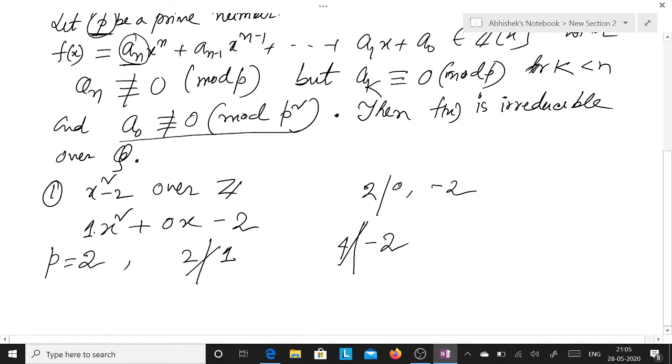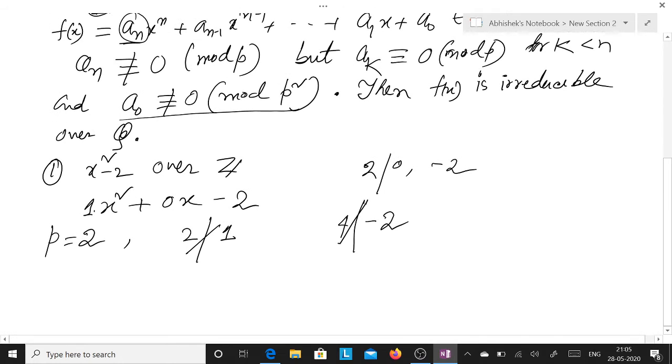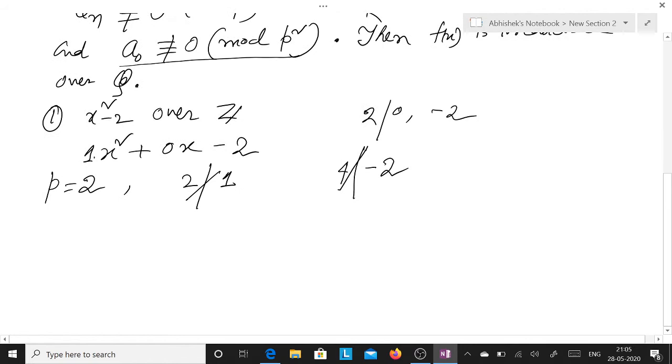Our choice of prime satisfies the conditions of Eisenstein's test for irreducibility. So hence you can conclude using this test that this polynomial x square minus 2 is irreducible over Q.